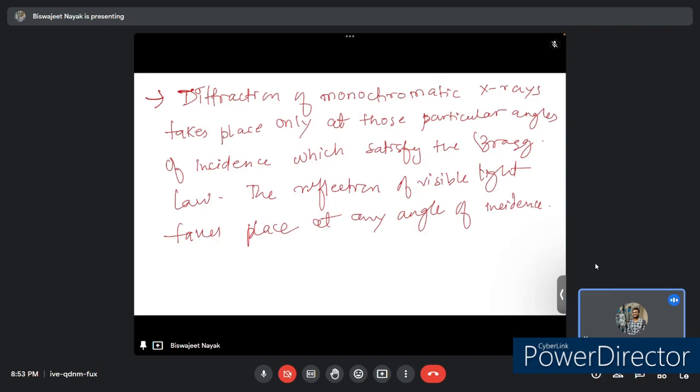The reflection of visible light by a mirror is almost 100% efficient, but the intensity of the diffracted X-ray beam is extremely small compared to that of the incident beam.